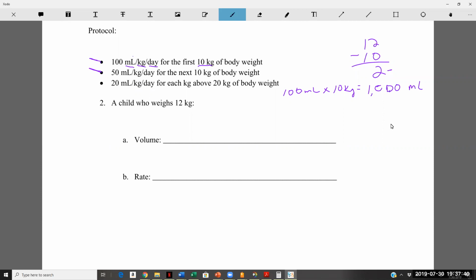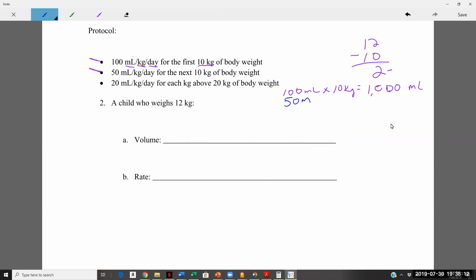My zeros are a little off on this, sorry. Then I still have 2 kilograms left over. So I'm going to go into the second tier. And this one tells me that it is 50 milliliters per kilogram per day. So I'm going to take a look at that one, and I have 50 mLs.